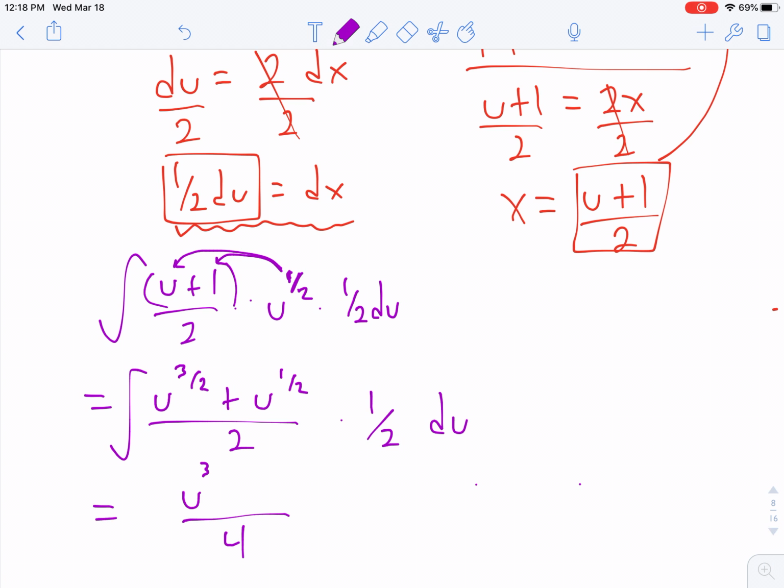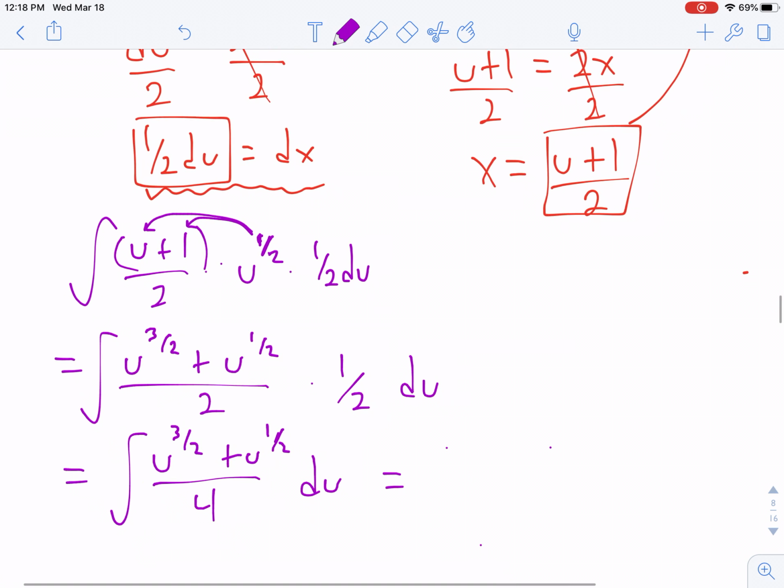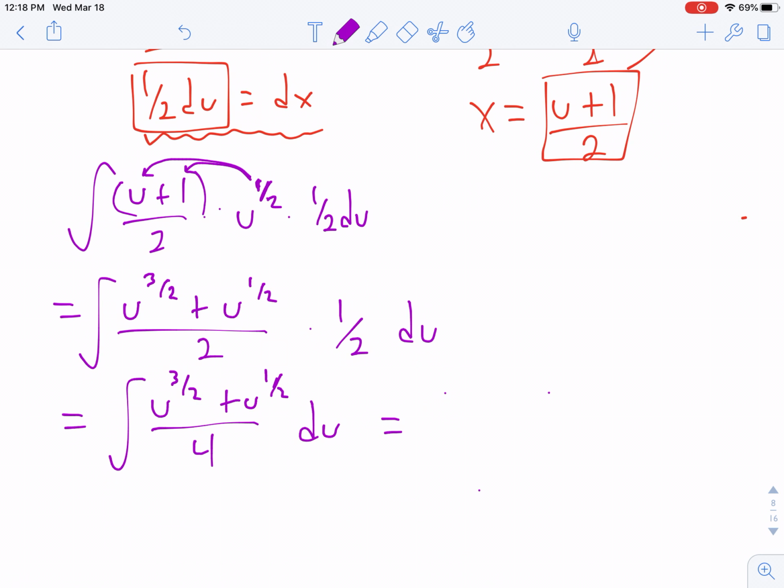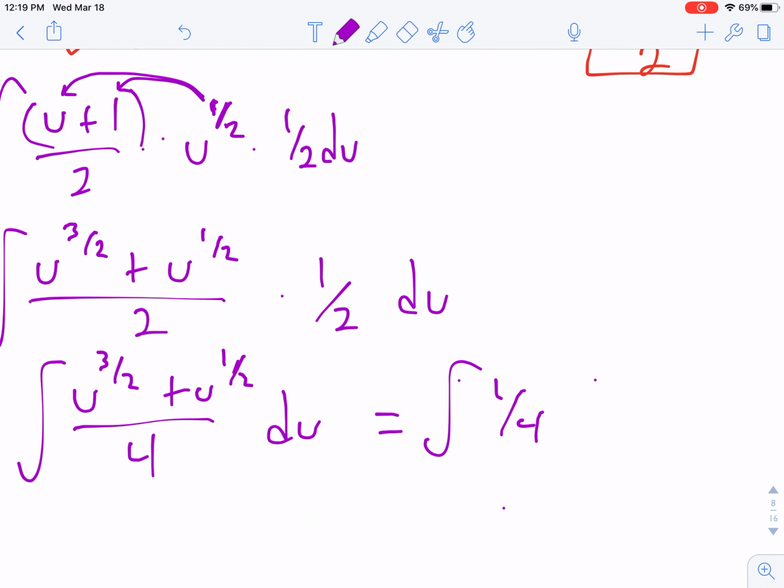So it becomes u to the 3/2 over 4 plus u to the 1/2 over 4 du, which now this is really just a basic integral. If we just split it up into parts, it's 1/4 u to the 3/2 plus 1/4 u to the 1/2 du.